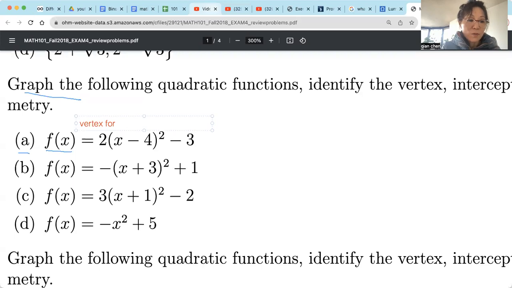And so A, B, C, 3 of them are in vertex form. So vertex form we have A times (x minus h) squared plus k. In this case, (h, k) is the vertex.